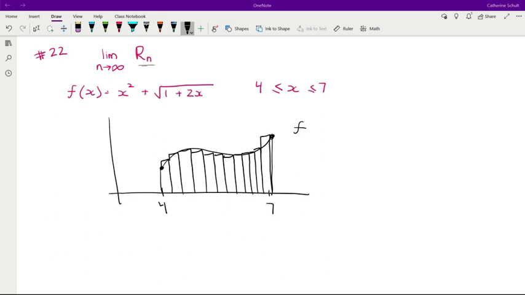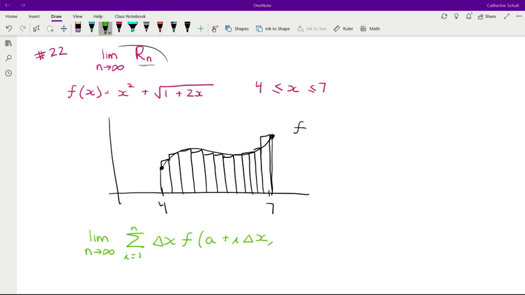That's okay. Okay, so first of all, let's write out the definition of what this is, because then we can start reverse engineering and figuring out what we need to plug in. All right, and R sub n is the sum from i equals 1 to n of delta x, the base of each rectangle, times this.